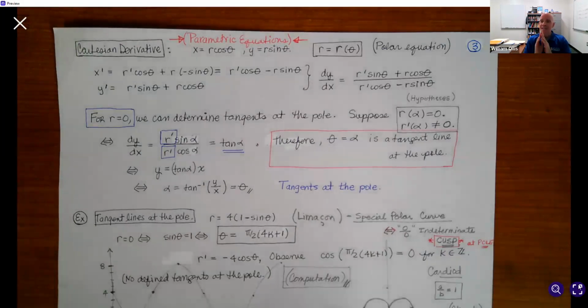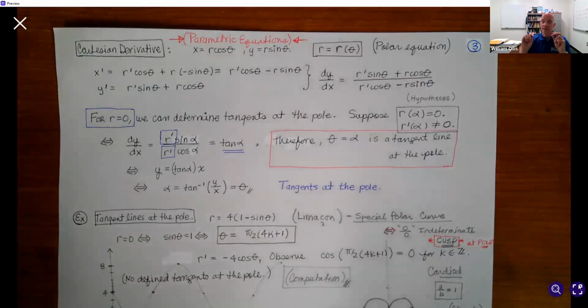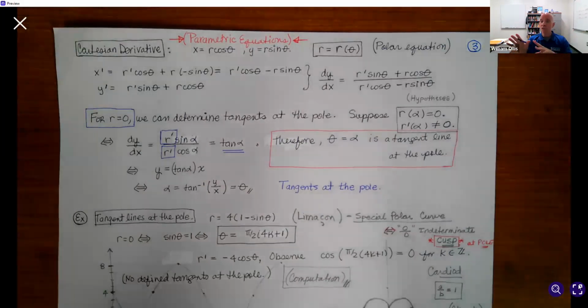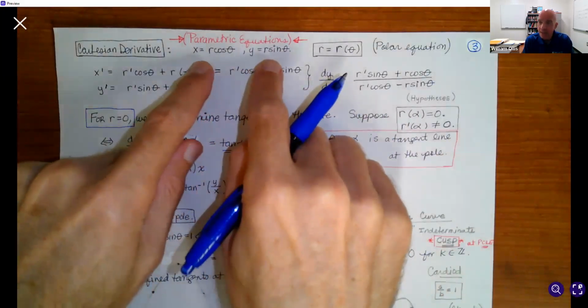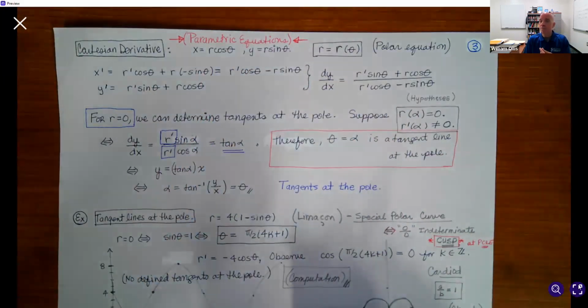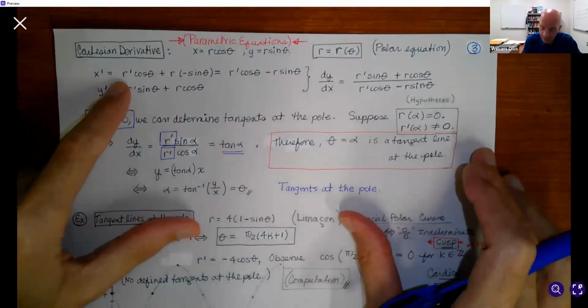Well, it's parametric in the sense that if we step back, we're thinking of r as a function of theta. So if we have that, then we can apply the theorem for the Cartesian derivative that we learned about in the previous section. So again, we can apply the chain rule.